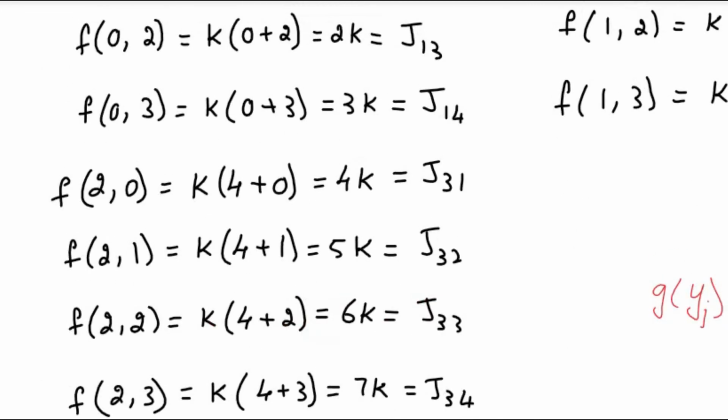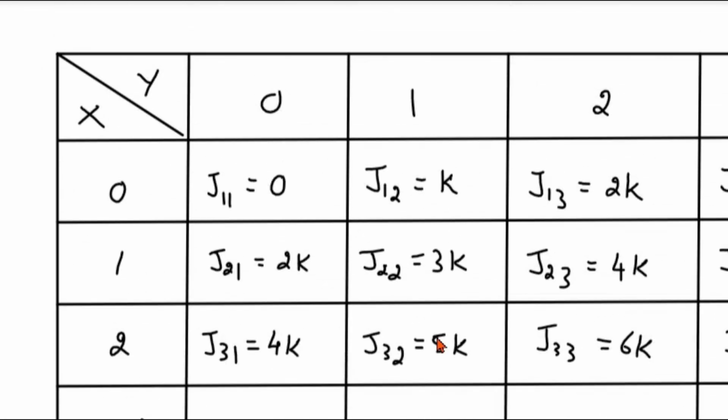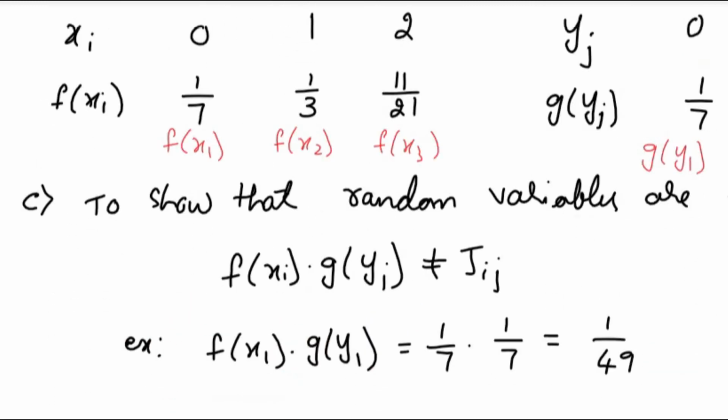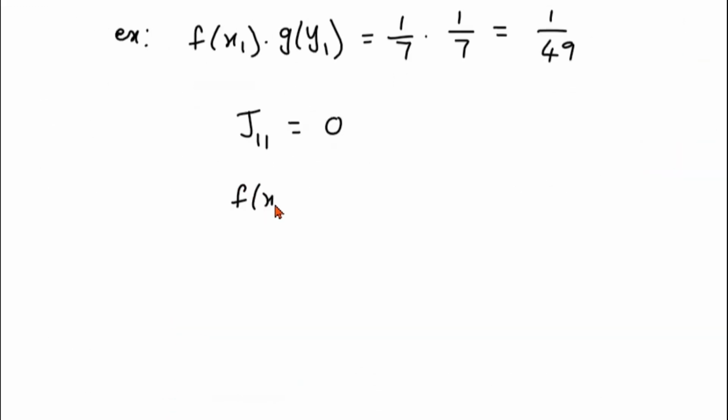From the given table, g11 is 0. Comparing these two results, f of x1 into g of y1 is not equal to g11, because the left hand side value is 1 by 49 and the right hand side value is 0. So they are not equal.